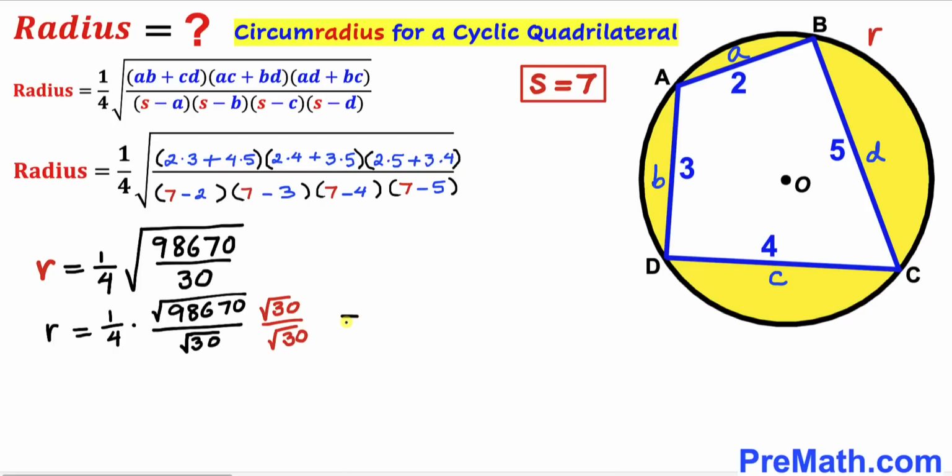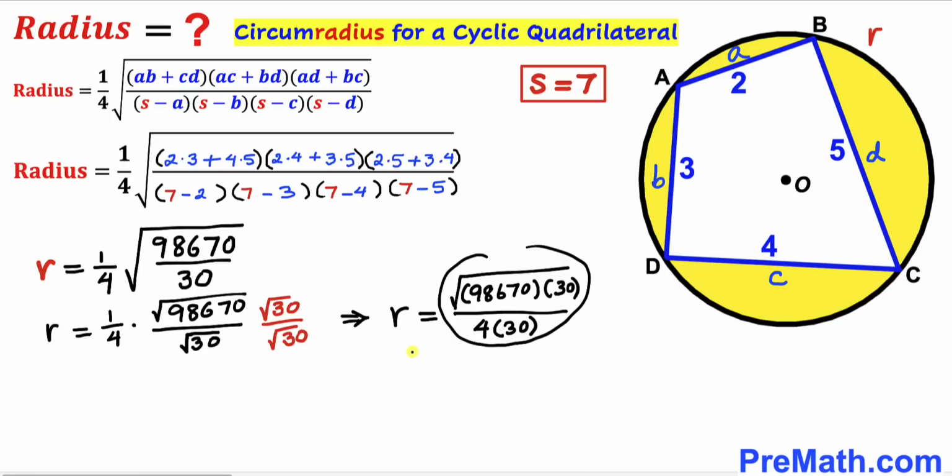So our radius r becomes, at the numerator, the square root of 3,289 times 30, divided by, in the denominator, 4 times 30.